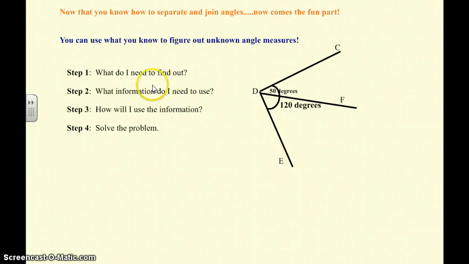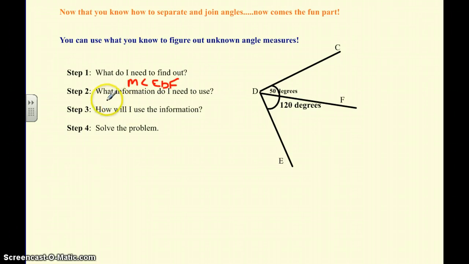So what do I need to find out? Let's write this down. I need to find out the measure of angle EDF. What do I know?